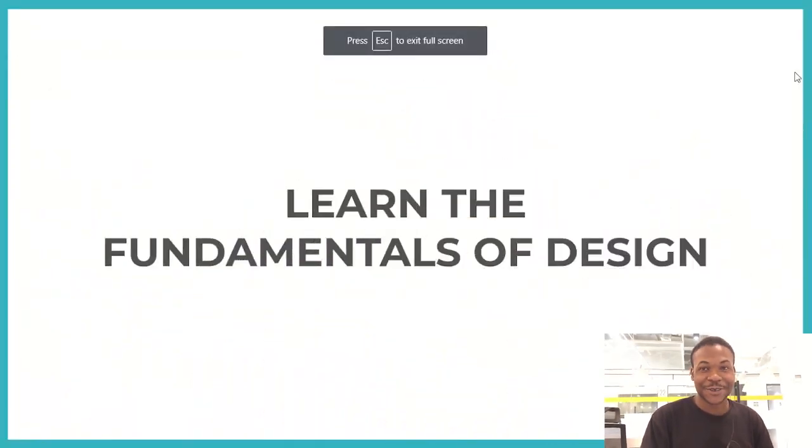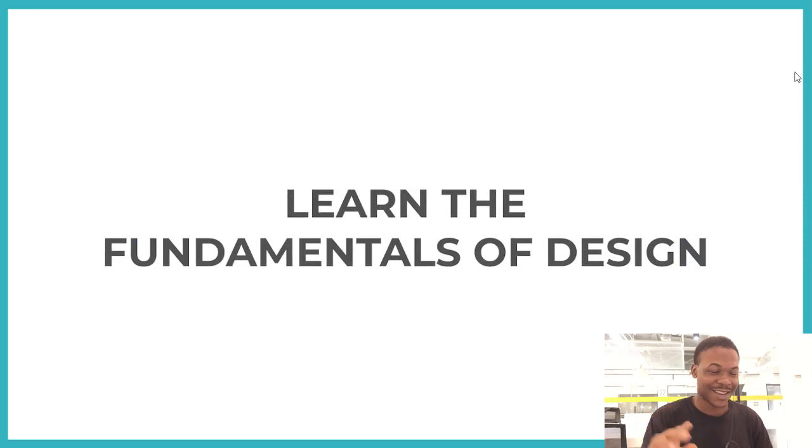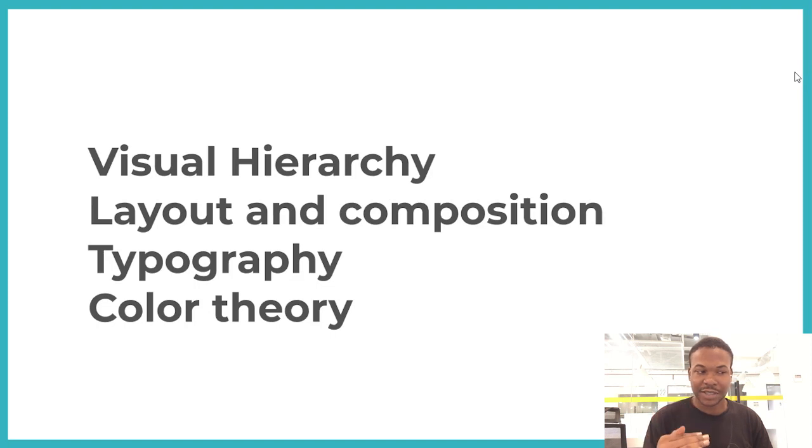All right, so learn the fundamentals of design with Henry, your senpai. I broke this down into four categories: visual hierarchy, which is almost the bulk of everything you would need, layout, composition, typography, and color theory, right?